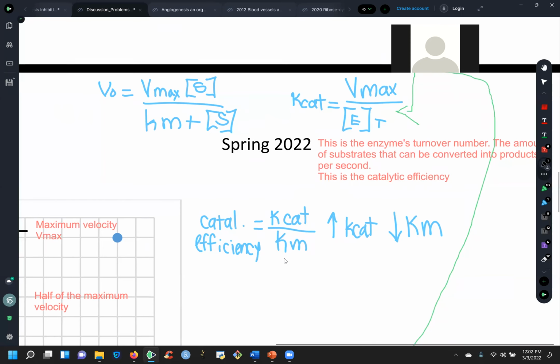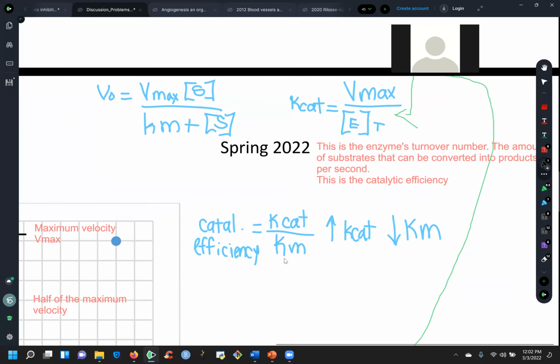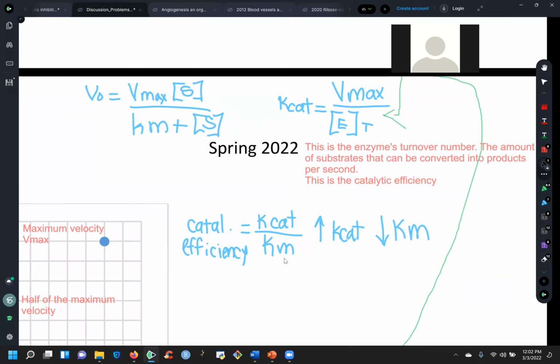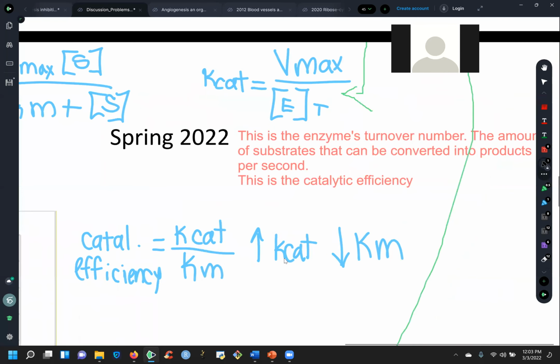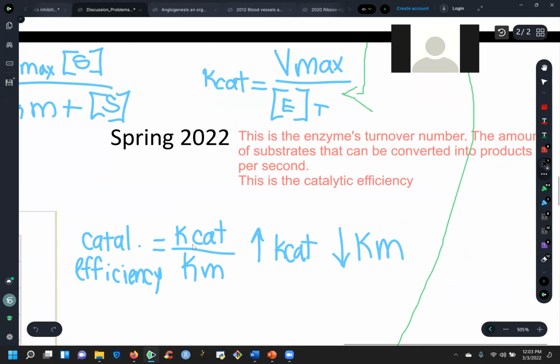Kcat is the enzyme's turnover number, and it's also called the catalytic efficiency. So again, catalytic efficiency is equal to Kcat divided by your Km. And the higher your Kcat, the higher the catalytic efficiency, the lower the Km.